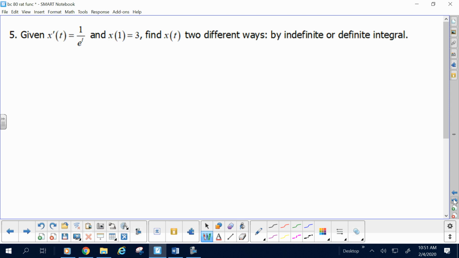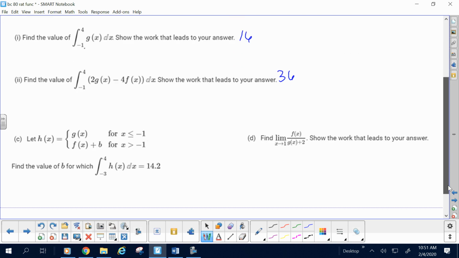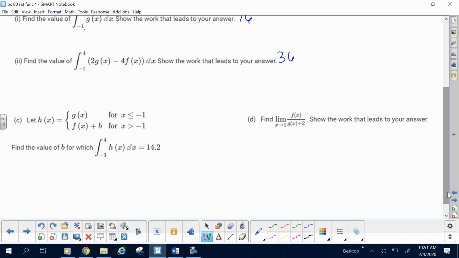Am I missing a piece here? Yeah, there's a C and a D. C is 4. D is -5/2. Did we get that? All right.